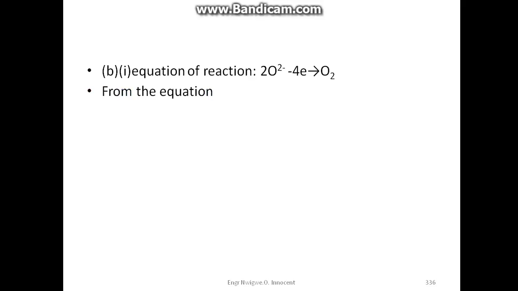The answer to the question B I. The equation of the reaction. 2 moles of oxygen having 2 negative valency will discharge 4 electrons to form 1 neutral oxygen. From the equation, 4 moles of electron liberate 1 mole of oxygen.